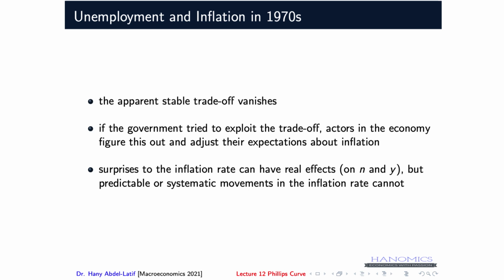But then, given that now we understand that expectations are a very important determinant of this relationship, that means if, for example, the government tried to use what was understood as a trade-off between both variables, and they tried to, for example, increase or decrease government spending, they took some policy action to achieve the inflation and employment mix that they want.